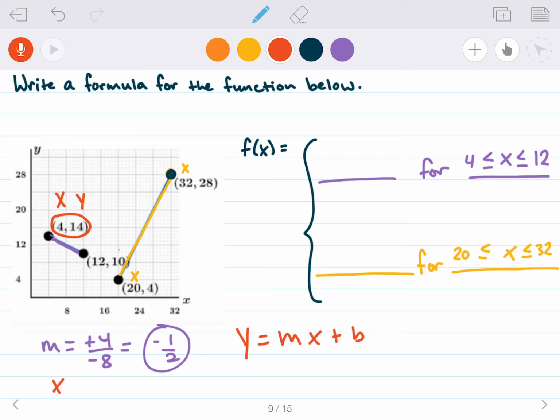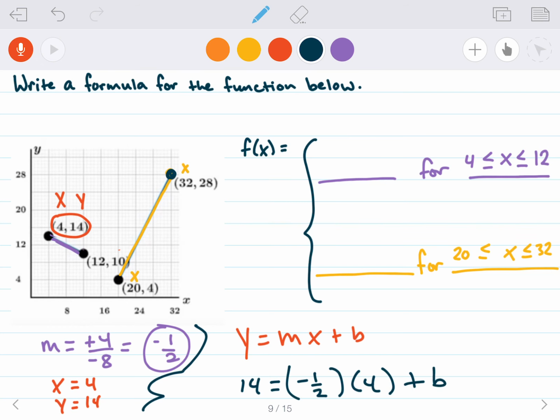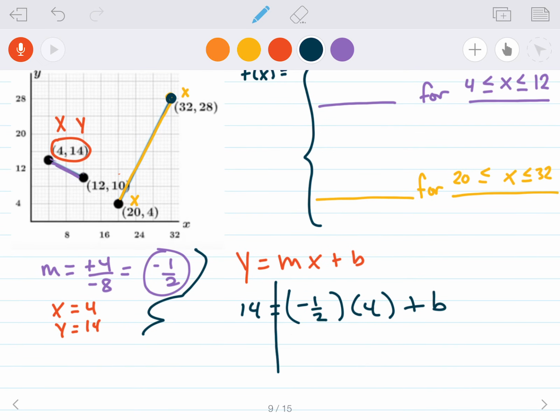Again, you could have picked x is 12, y is 10, but I'm just picking this other point. And m is negative 1/2. So plugging these three things into the basic formula, I get 14 equals negative 1/2 times 4 plus b, and I can solve for b.